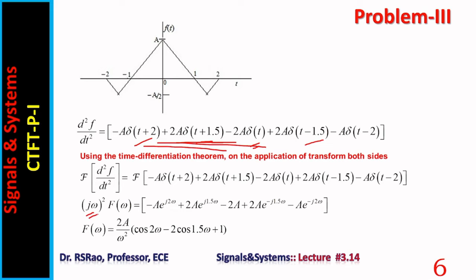By transferring (j omega) square to the right hand side, we get F of omega equal to 2a by omega square times (cos 2 omega minus 2 cos 1.5 omega plus 1). This result is after some manipulation.